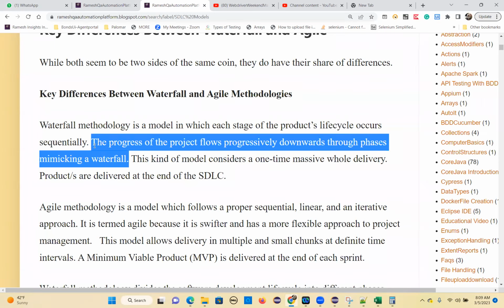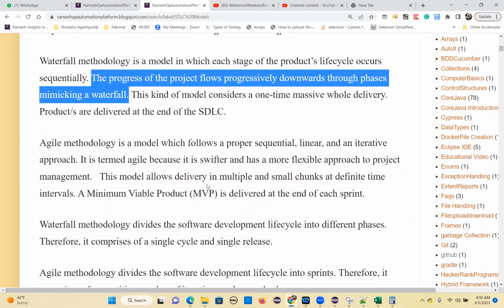The same here also. Requirements gathering, analysis, design, coding, testing, release, deployment, all of this should happen sequentially. You cannot jump onto other ones. So that's the waterfall model.